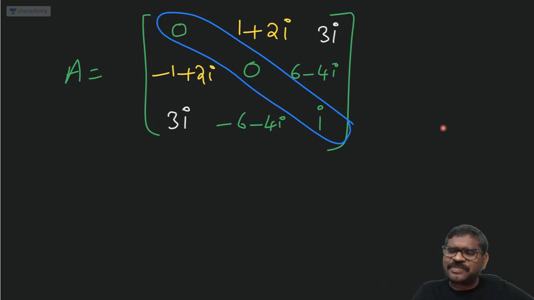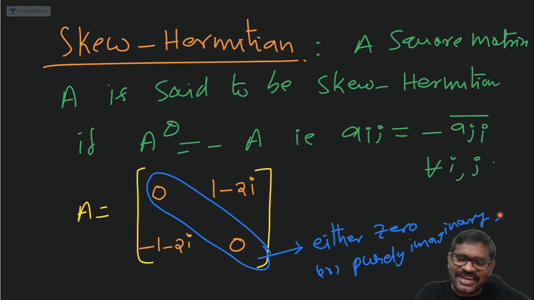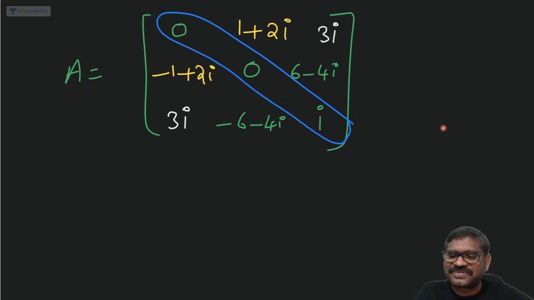Please remember, for corresponding entries you have to change the sign of the real part and keep the imaginary part as it is. Then automatically it generates skew Hermitian. For Hermitian, you have to change the sign of the imaginary part. Here, the real part.